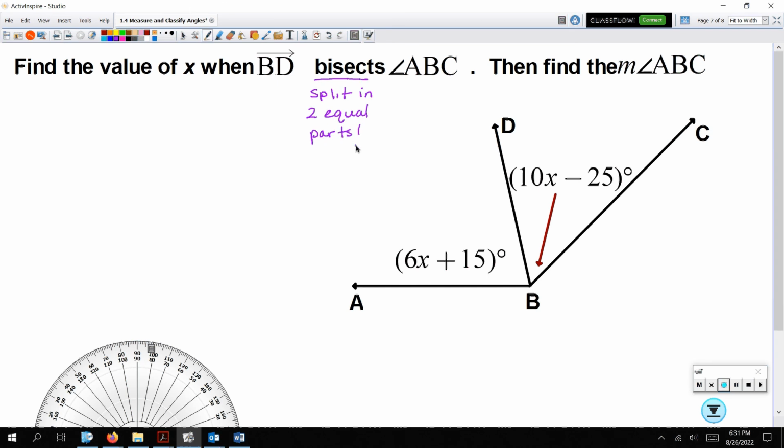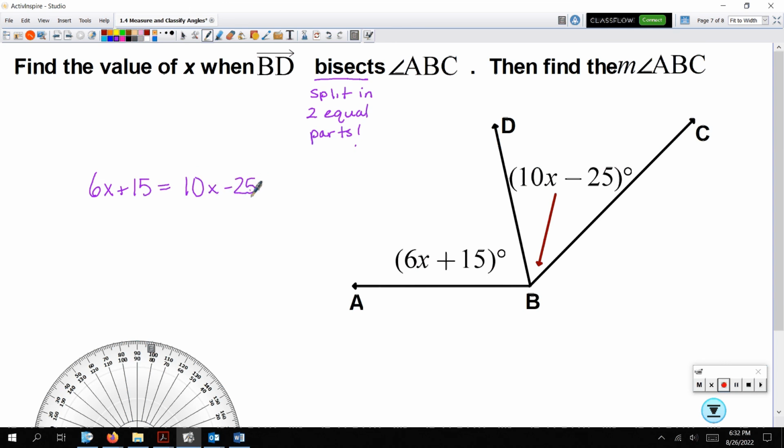Now how are we going to set up an equation if we don't know the measure of the whole thing? Well, we know that this ray bisects the angle. So that means ABD is the same measure as CBD. Correct? So 6x plus 15 is equal to 10x minus 25.